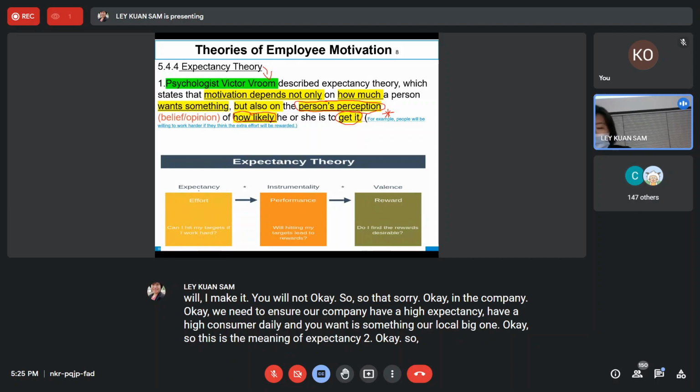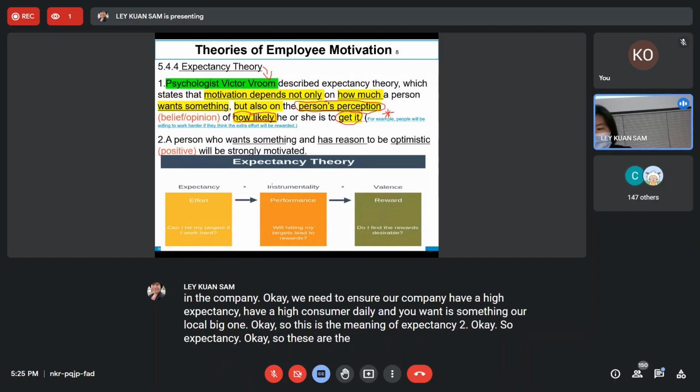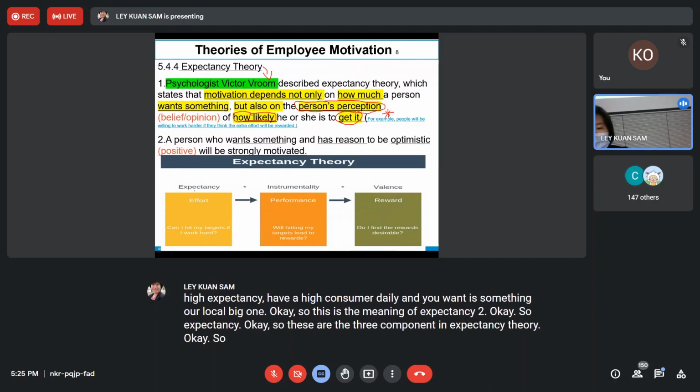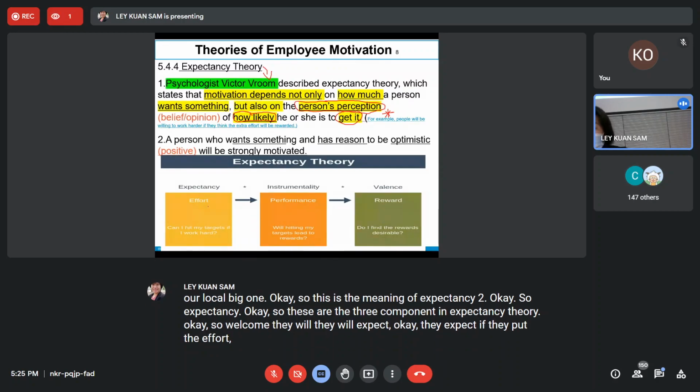So these are the components in expectancy theory. Workers will expect: if they put in effort, can they hit the target?